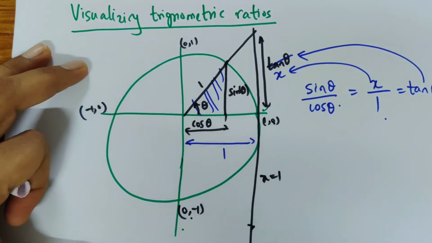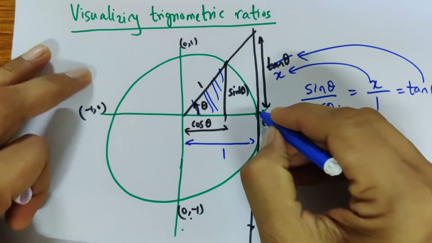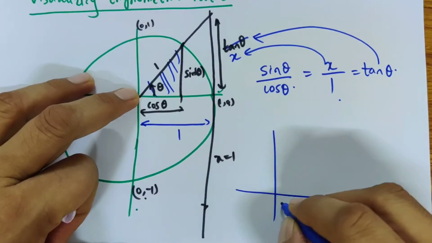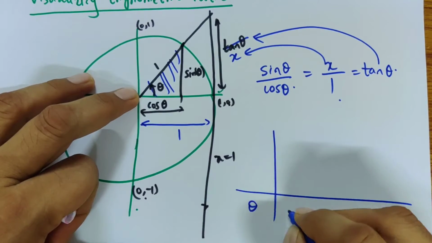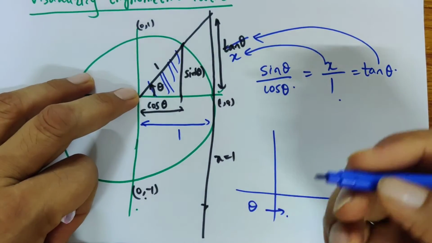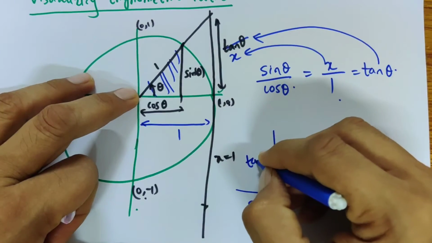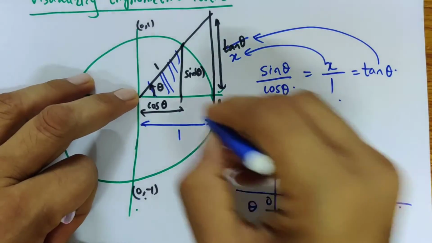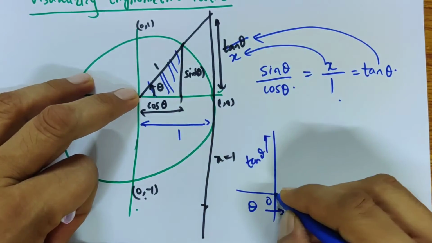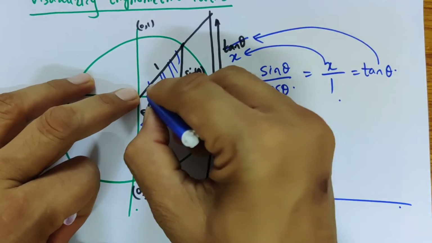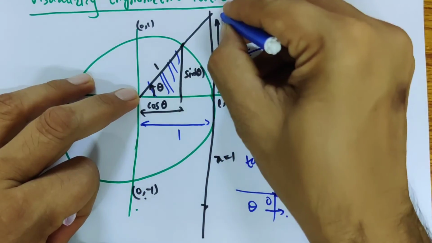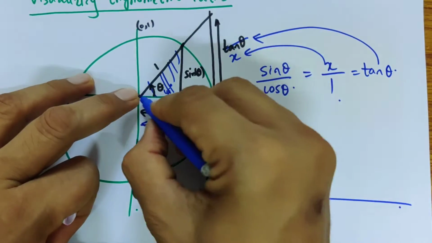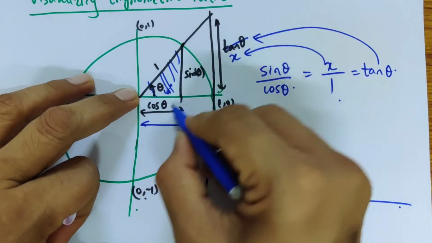So let's see what's the implication of this. Right? So when I start from 0, if I draw a graph, the angle theta on the x-axis, and the height, let's say tan theta, on the y-axis. Then at 0, I'm flat, the height is 0, so that makes sense. Okay. As I increase the angle, let's say at 45 degrees, this is going to be an isosceles triangle.